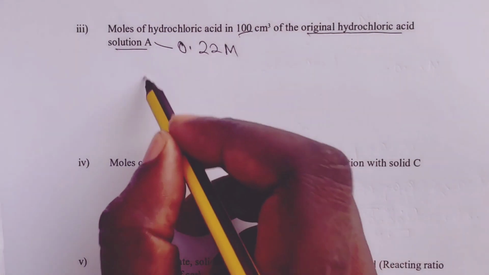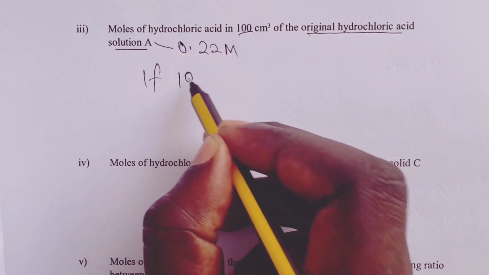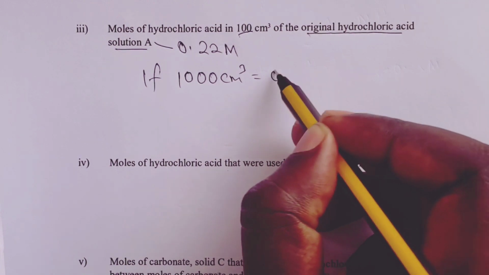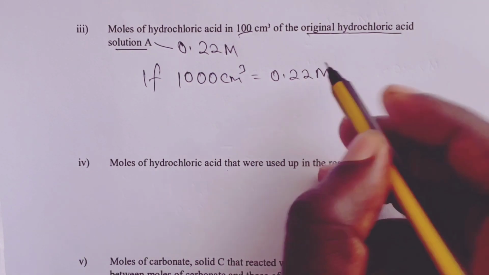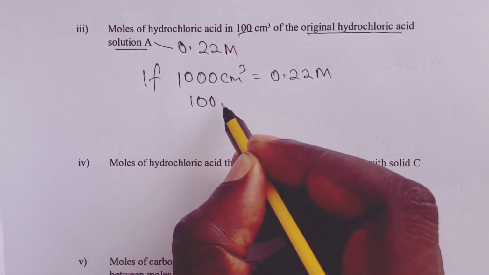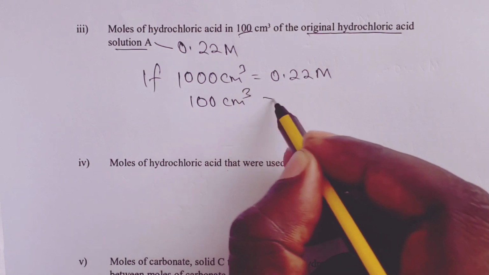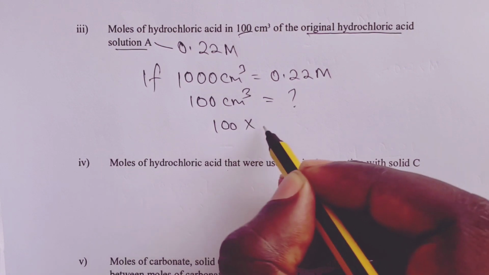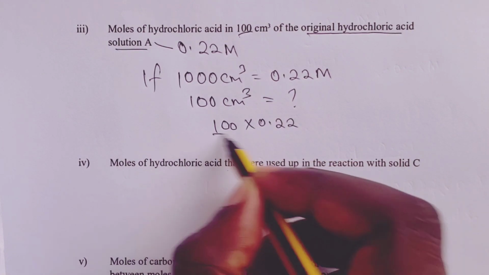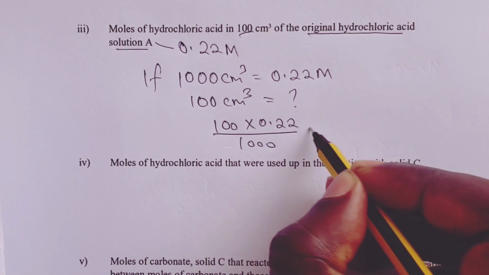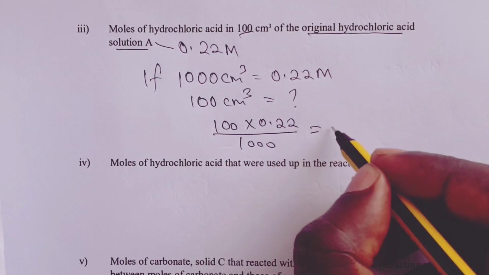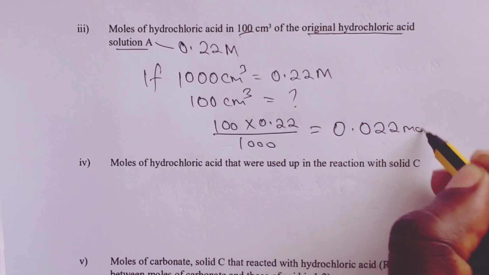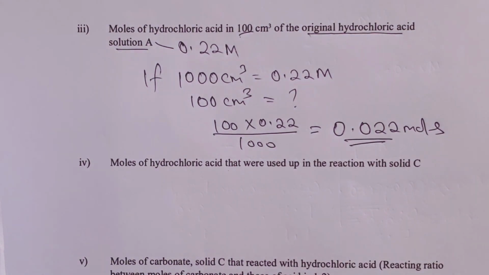So to get the answer here, we shall argue that if 1000 cubic centimeters is a 0.22 molar solution, how many moles then would we have in 100 cubic centimeters of the same? So this would be 100 multiplied by 0.22 divided by 1000, and that gives 0.022 moles of hydrochloric acid.